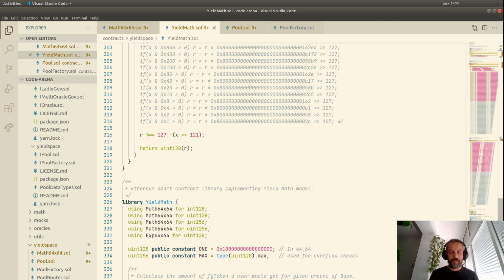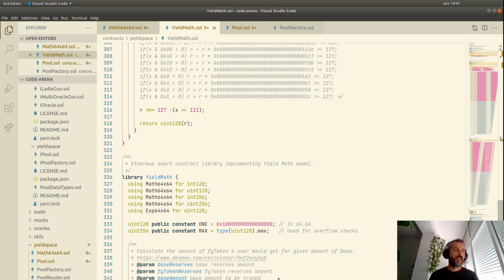So that's why we need 4 functions, because it depends on what you want to be sure of: how much underlying you are selling, or how much FY token you are buying, and vice versa if you are selling and buying the other two.